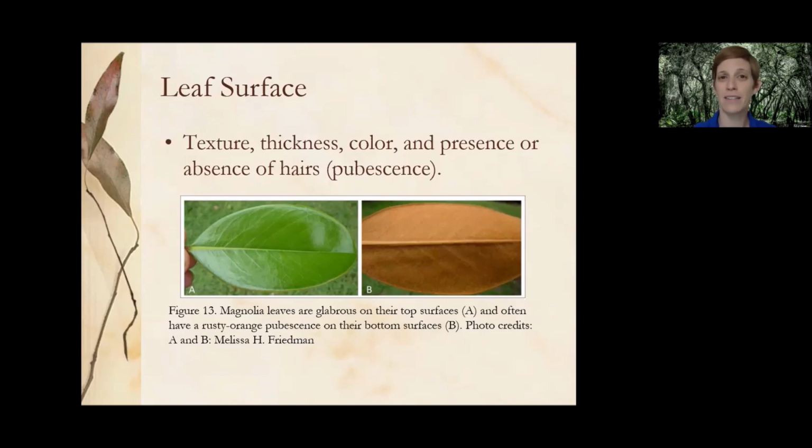But it is pretty amazing if you ever get the opportunity, if you have a live oak or a sand live oak in your yard, to try this out. You can try feeling it with your thumb and then try with your tongue, and you can tell instantly the second your tongue touches the leaf, oh yes, there's hairs. Sometimes just the presence or absence of hairs can be distinguishing between one species and another.